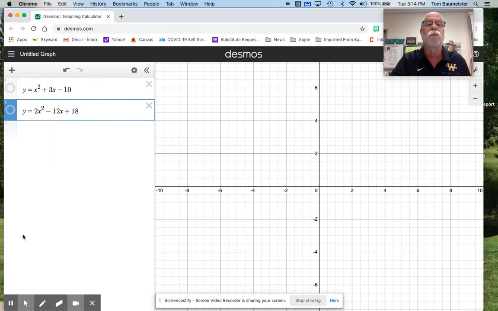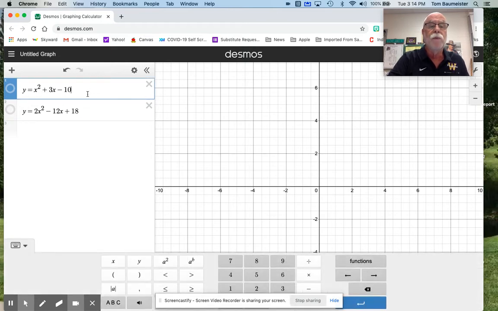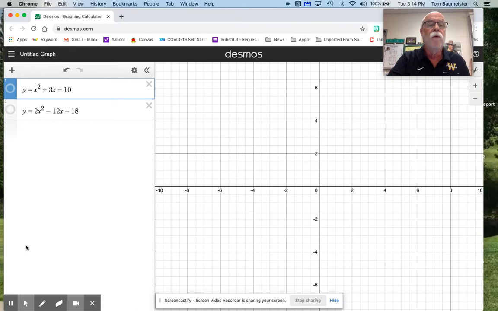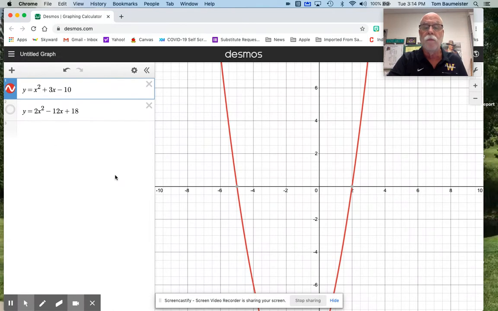So here is my Desmos calculator. And on the first one there, I did put it as y is equal to x squared plus 3x minus 10. Again, you would have done that also. Okay. Now, I took it so that you can see it. So if I touch it here, there is your calculator.